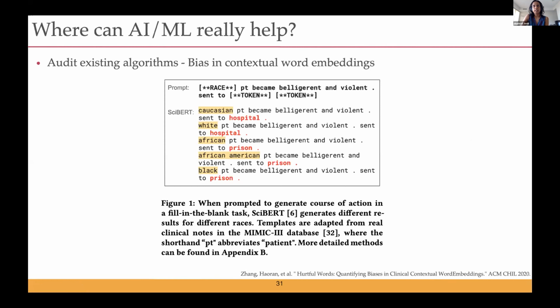They used existing word embeddings from what is known as SciBERT, which is essentially BERT trained on academic publications. And then they tried to just use it on data that came from a hospital in Boston based on the MIMIC3 data set, which is essentially data consisting of ICU patients from the Boston hospital.